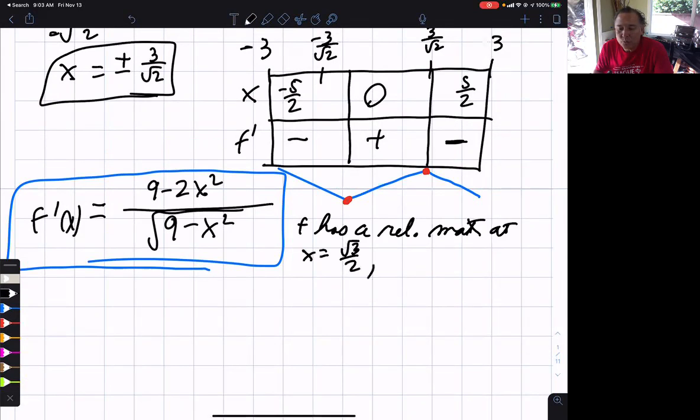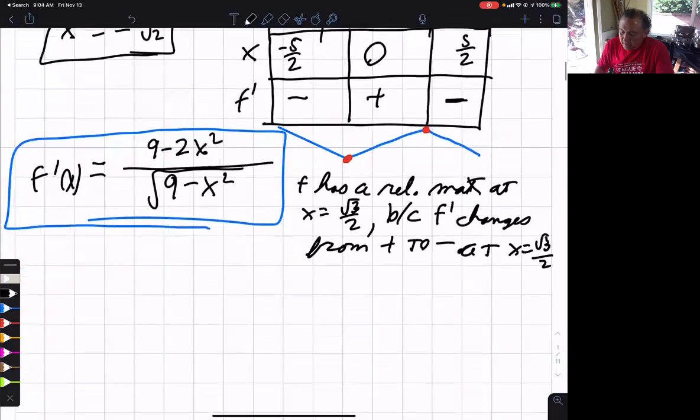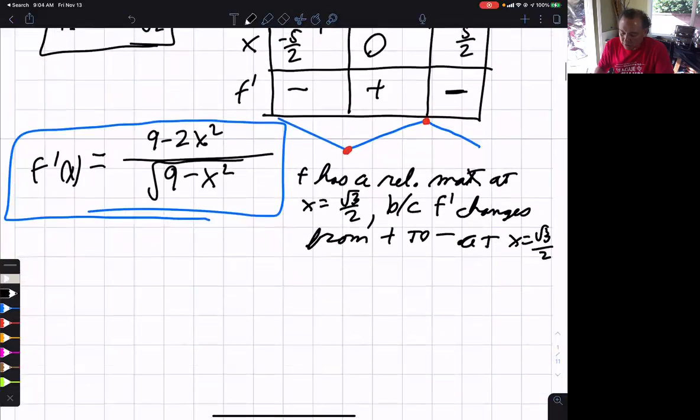You have to give a reason why. You need a justification. And this is what happens in FRQs. Your justification is because f prime changes from positive to negative at x equals radical 3 over 2. That is your justification for relative max.